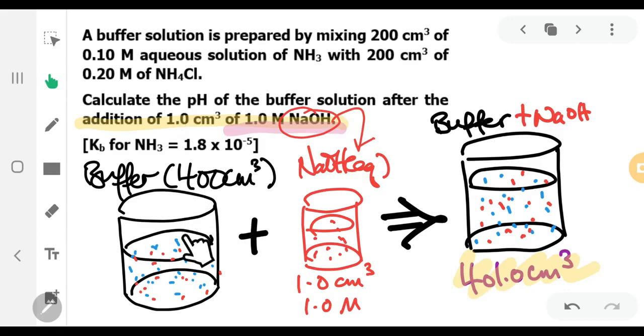The buffer volume is 400 centimeter cubic, and we're going to add 1 centimeter cubic of strong base. So now the final volume would be 401.0 centimeter cubic. Remember, this volume will be very important at the end of your ICE table later.